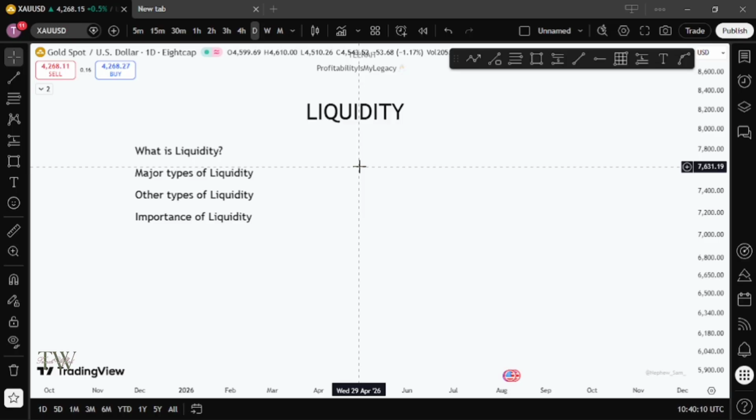Today we are going to be covering what liquidity means by itself, the major types of liquidity, other types of liquidity, and finally the importance of liquidity. I will also try to give a few examples if time allows.